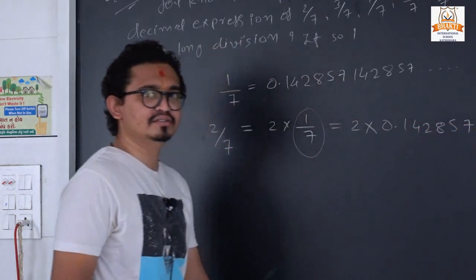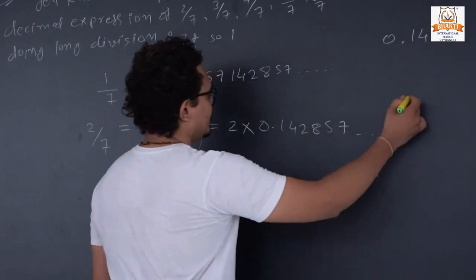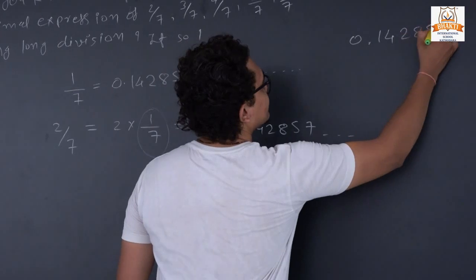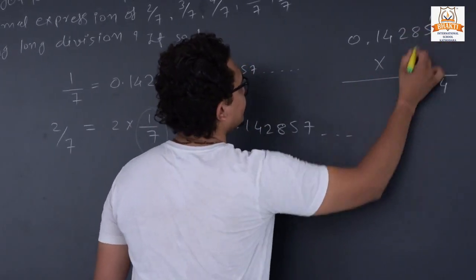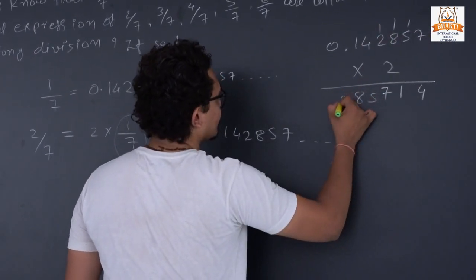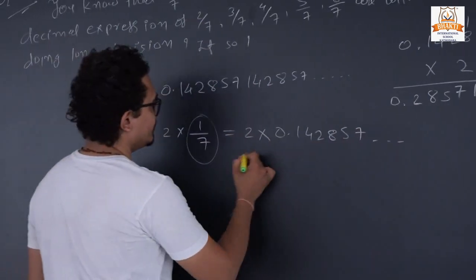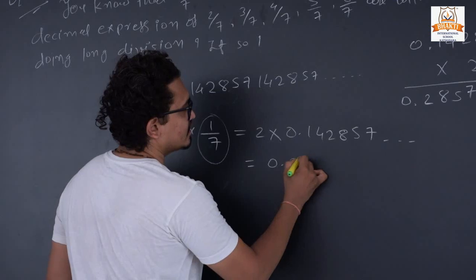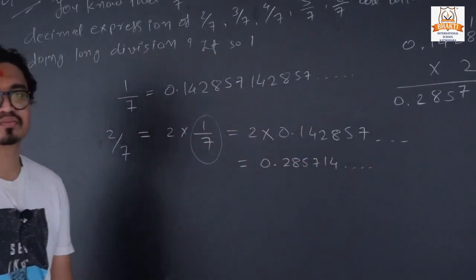It will be continuous. So we will perform the multiplication, multiplying with 2. 7 twos are 14, 10. So the answer will be 0.285714. It will be once again continuous.